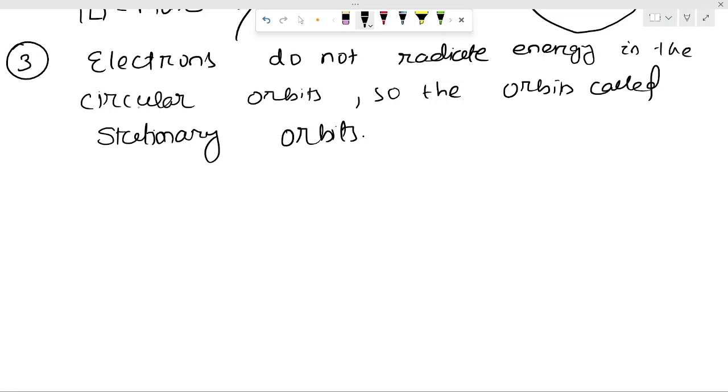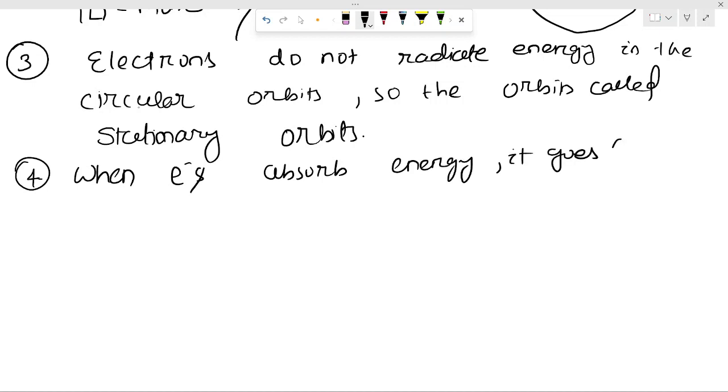And one more important point is, while making a transition from a stationary orbit of higher energy to that of lower energy, it radiates or emits energy. The electron may also go over from an orbit of lower energy to that of higher energy by absorbing energy. What happens when electrons absorb energy?